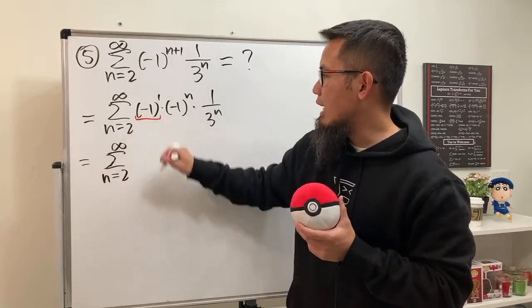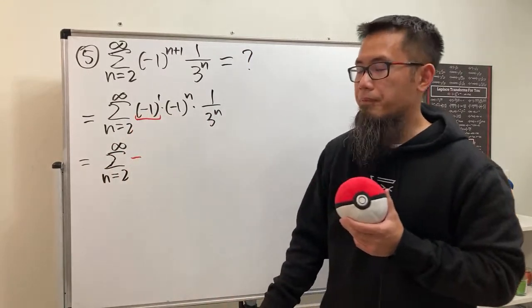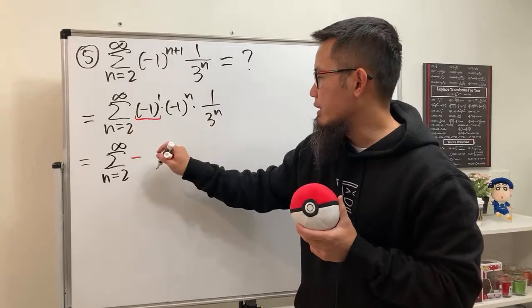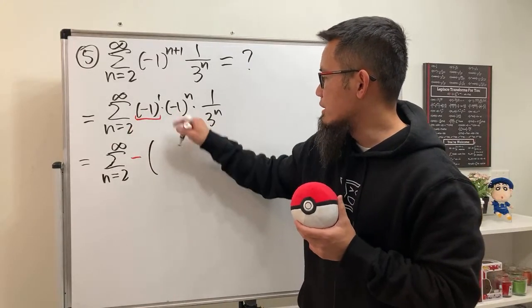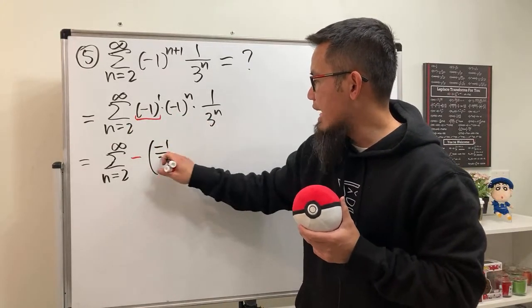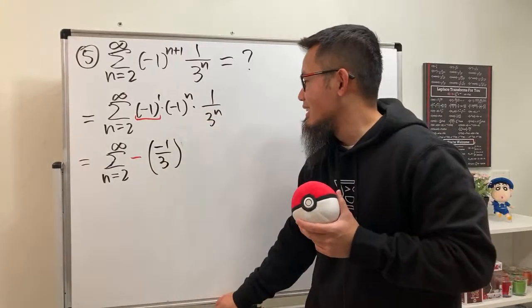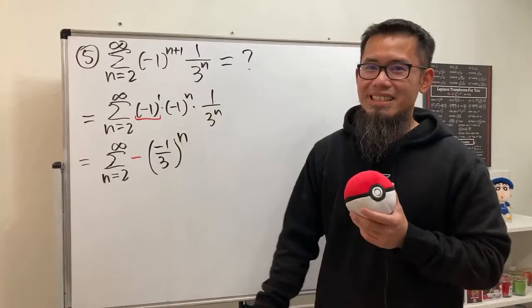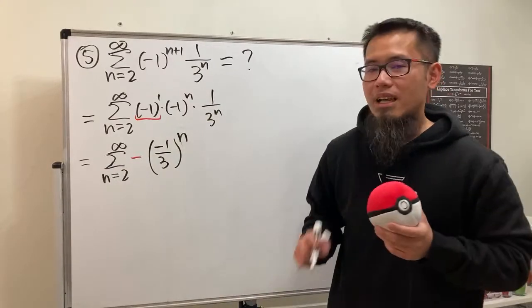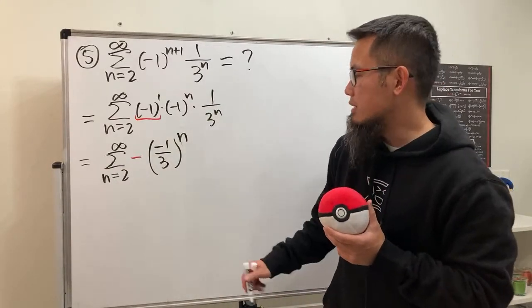Pay attention that we do have this negative 1, so this is negative. But this and that together, we can write down as parentheses with negative 1 over 3 inside, raised to the nth power. This right here is a converging geometric series.